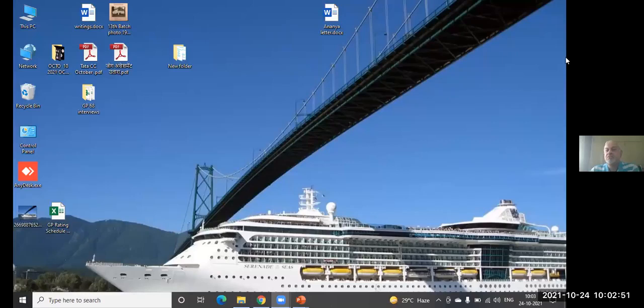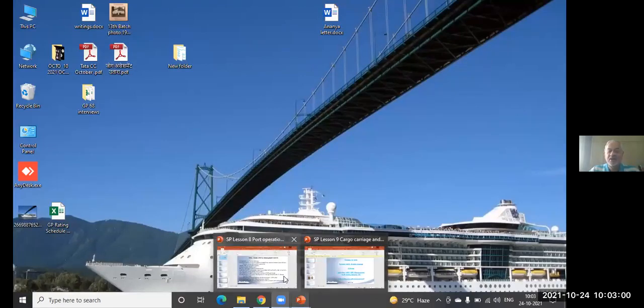You can see the desktop screen of your laptop? Yes, correct. I have taken the desktop screen only so that I can access anything whichever is required.